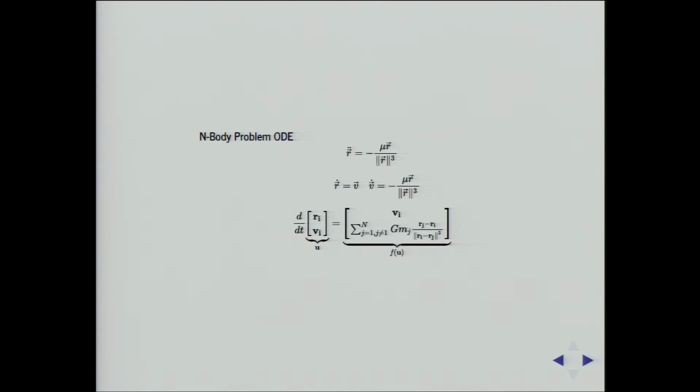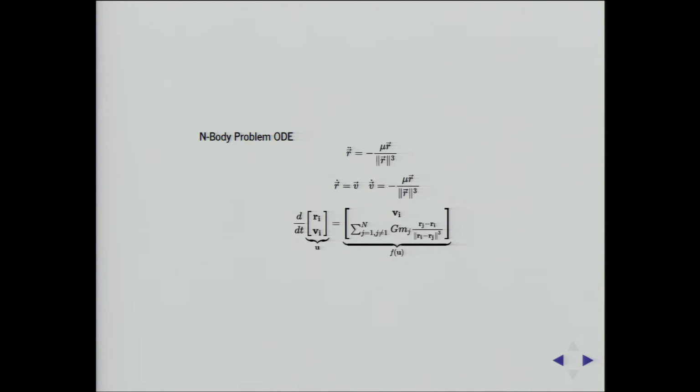So we just write it such that our state vector is going to be my position vector and my velocity vector, and in the right-hand side I have this evaluation of the function that we saw at the top of the screen. So this is the problem that we want to solve, this coupled system of first order ODEs.